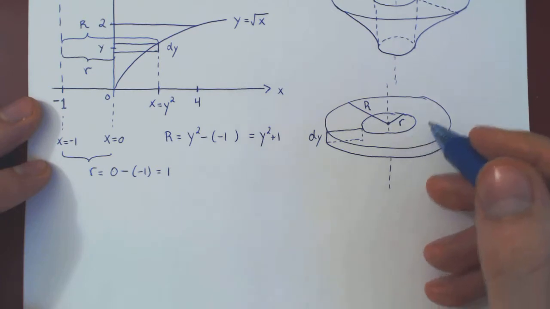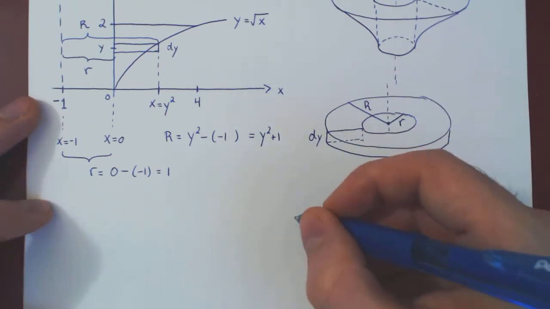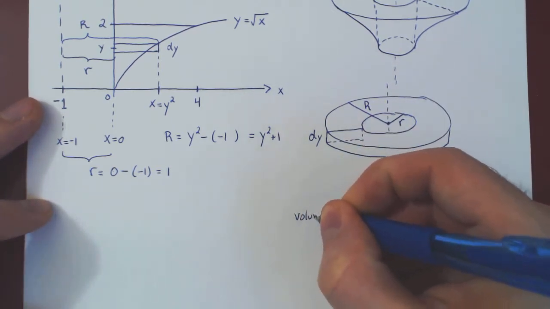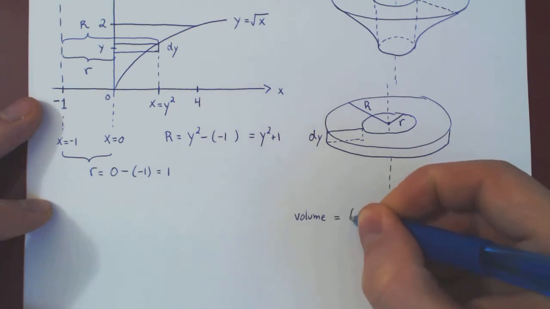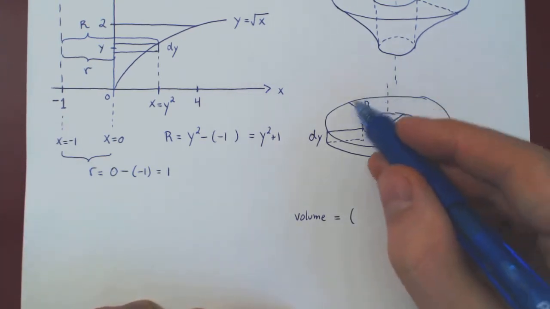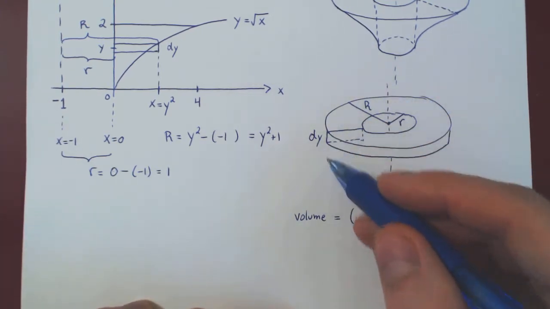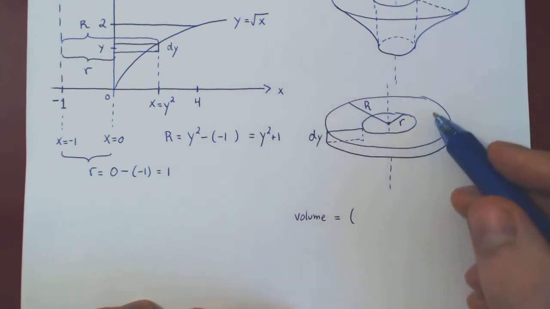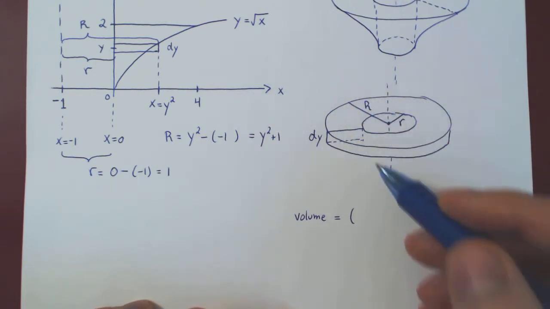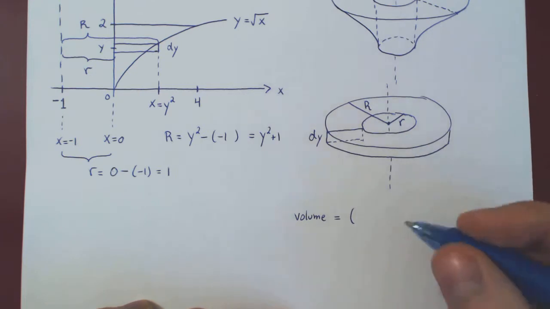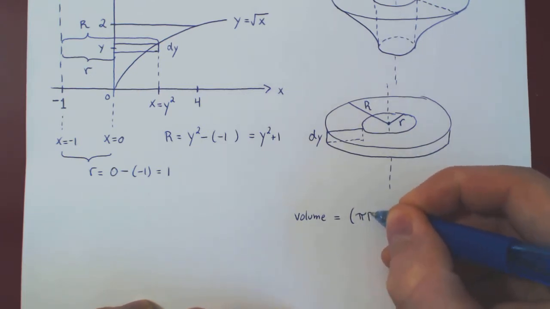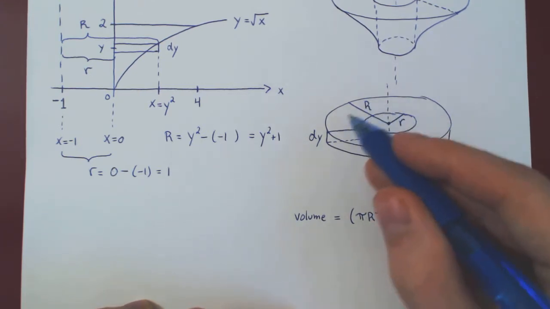So you say, okay, well, what's the volume of our little washer? If you remember, we need the area of this portion times the thickness. To find the area of this outer rim, we take the area of the larger circle, so pi uppercase R squared. But now this includes all of this.